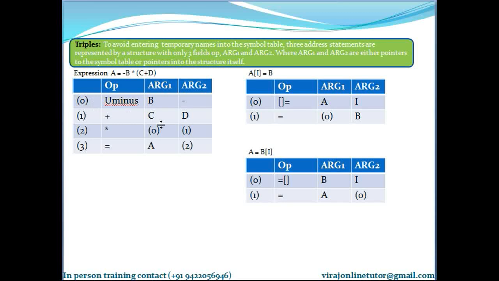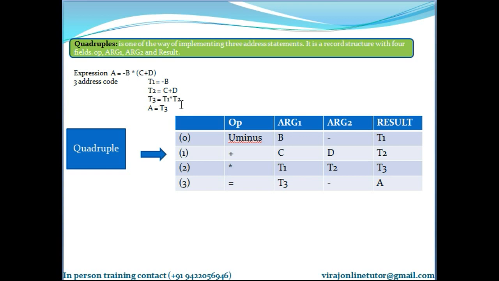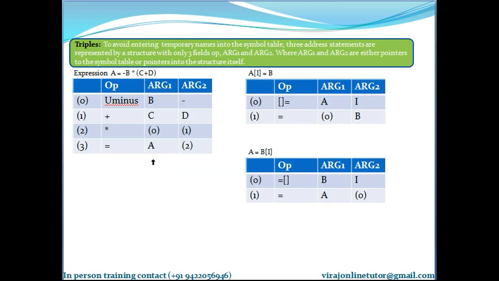So I am multiplying 0 with 1. 0 is representing T1, and 1 is representing T2. So 0 multiplied by 1, and this 2 will depict T3. Finally, whatever is T3, I am assigning it to A. So whatever is 2, I am assigning it to A.